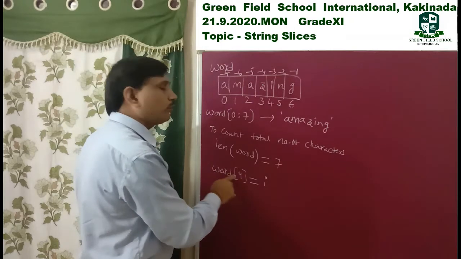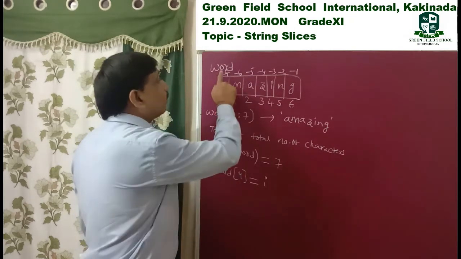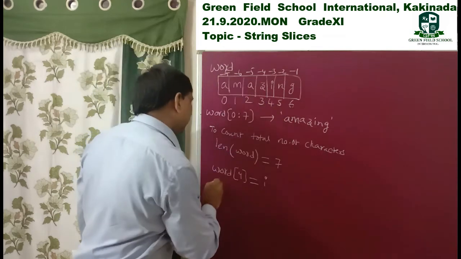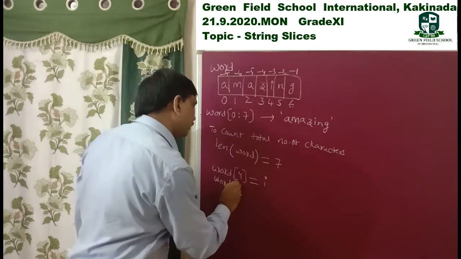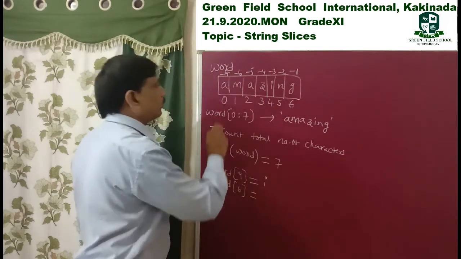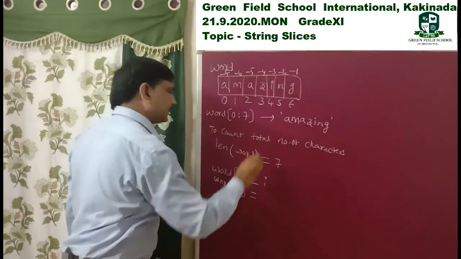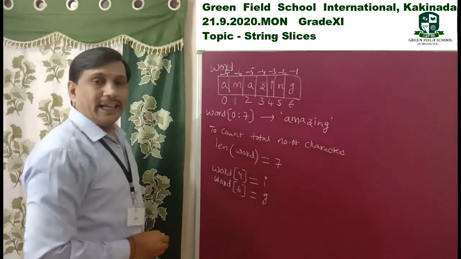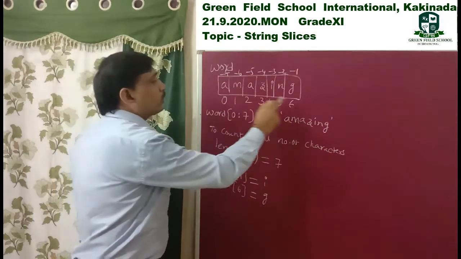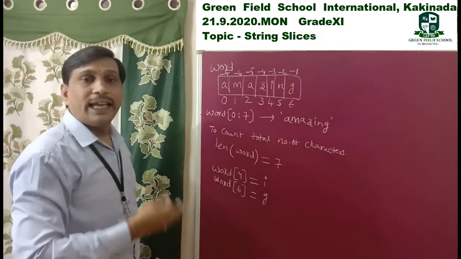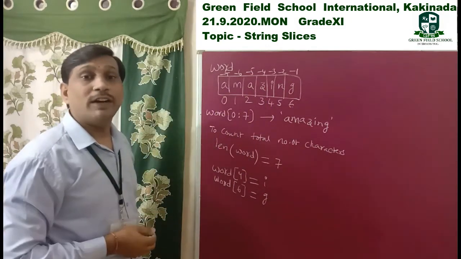I write here word of 4 means I. Word of 6 means G. Total 0 to 6 characters are there. If I access out of the bound, then what will happen?